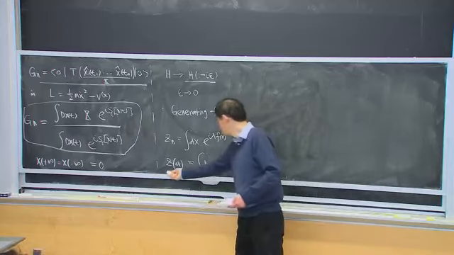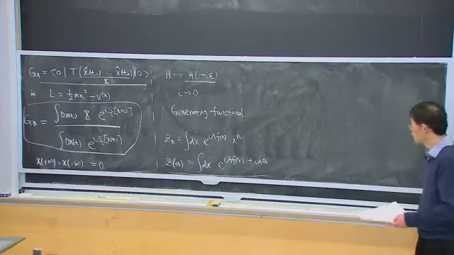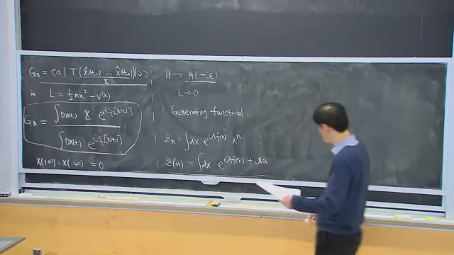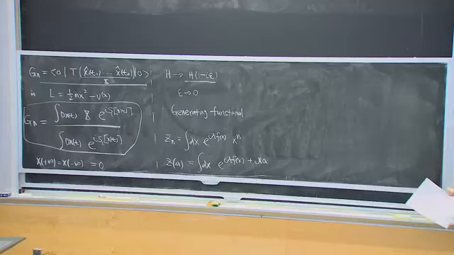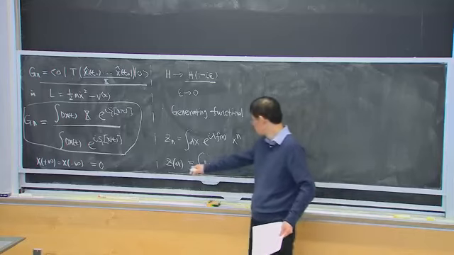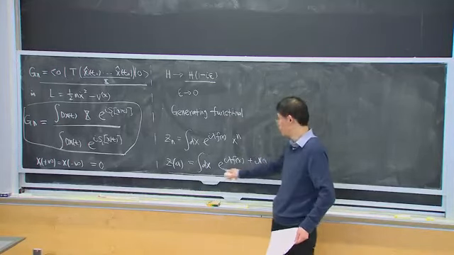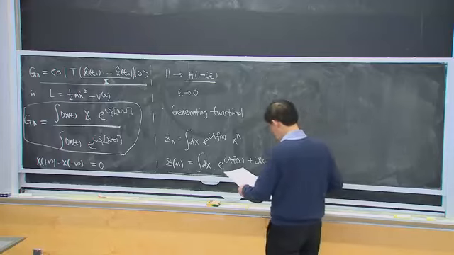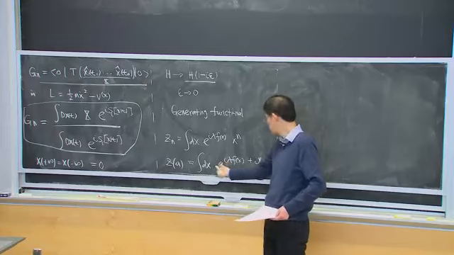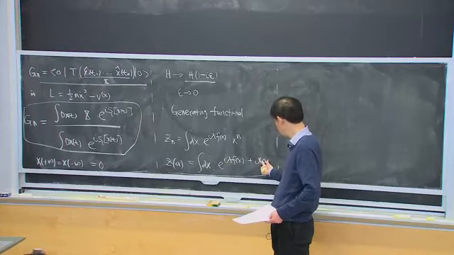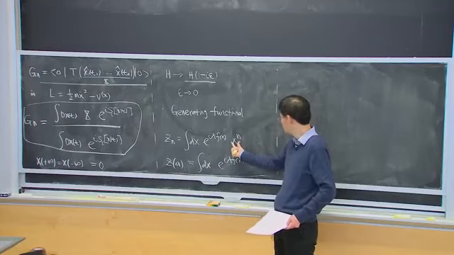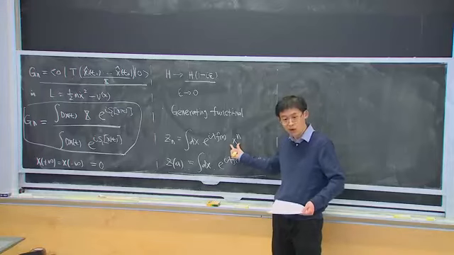The benefit of considering this integral is that if you take a derivative with respect to a, that will bring down a factor of x. If you take a derivative twice with respect to a, you bring down a factor of x squared, and if you do it n times, then you bring down a factor of x to the power n.